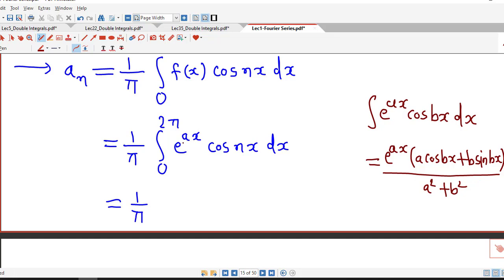So if we compare e raised to ax cos nx with this function, then a is there and instead of b we have n here. So we can use this formula and write down the next step.